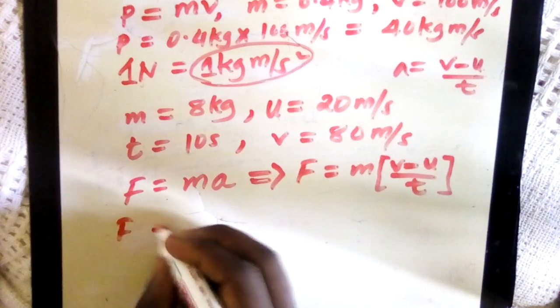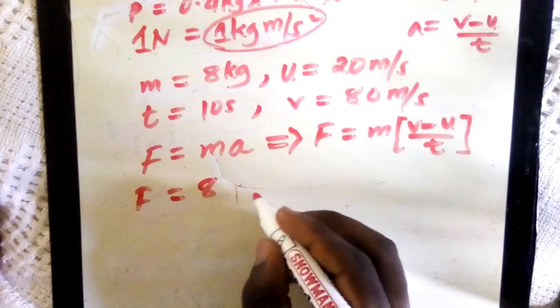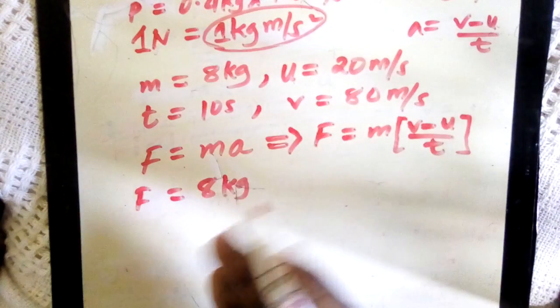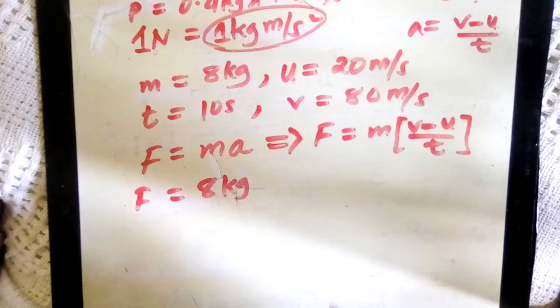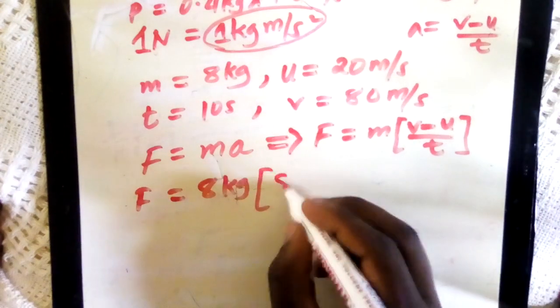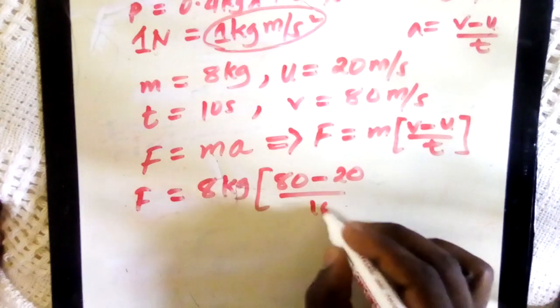So basically, the mass of this body is 8 kilograms, and I'm going to intentionally put the units so that I can show you what it means by 1 newton. The final velocity is 80 minus 20 over 10.